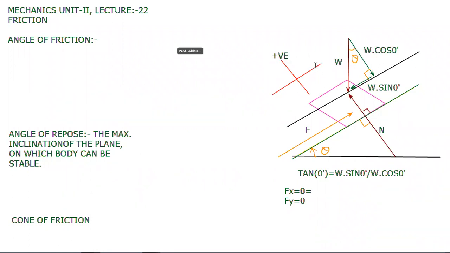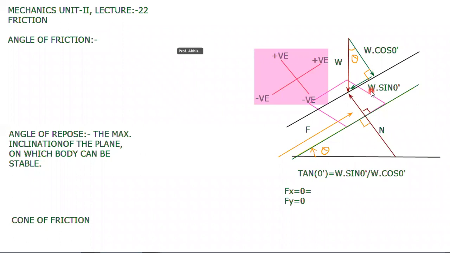You assume this as the positive x-axis and this as the positive y-axis, and this one as negative and this one as negative. This sign convention is what you are currently using for this block on the incline. So W sine theta will be in the negative direction because it is towards the negative x-axis.